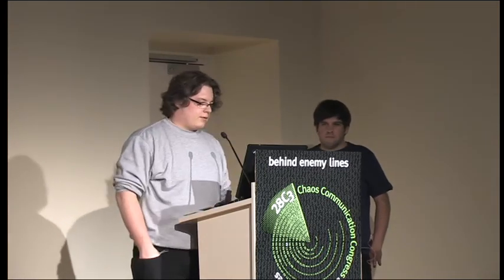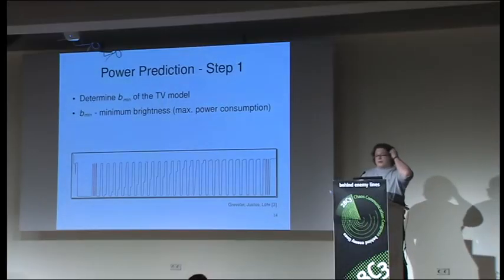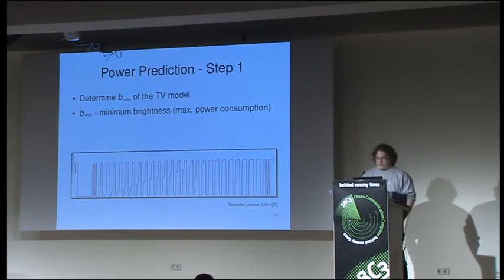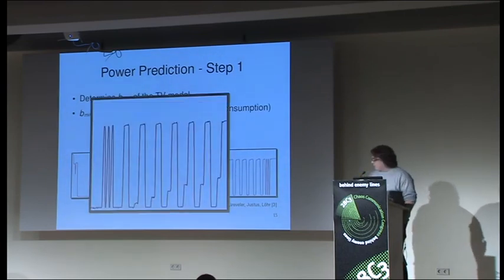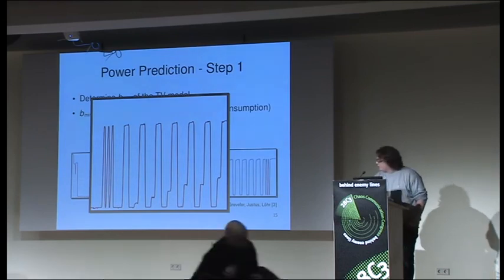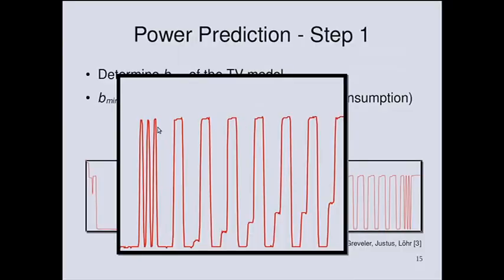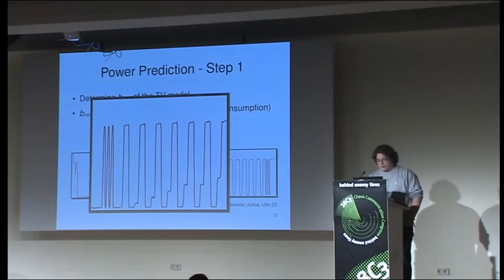To predict the power of a film, we have to determine the minimum brightness with maximum power consumption, so-called BMIN. As we see in this picture, we have 3 peaks at the beginning to find our test film, and after that we display several frames, which first are black, then a gray one, and after that a white one.